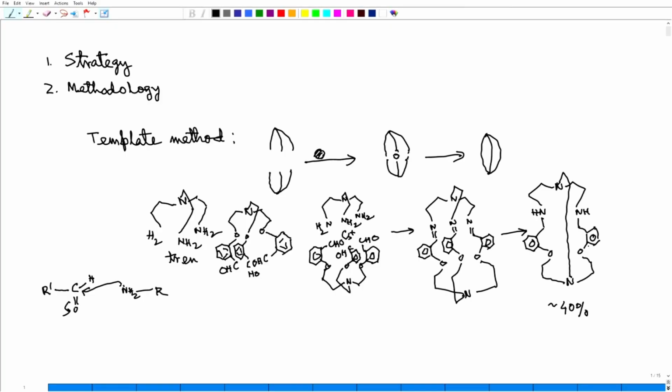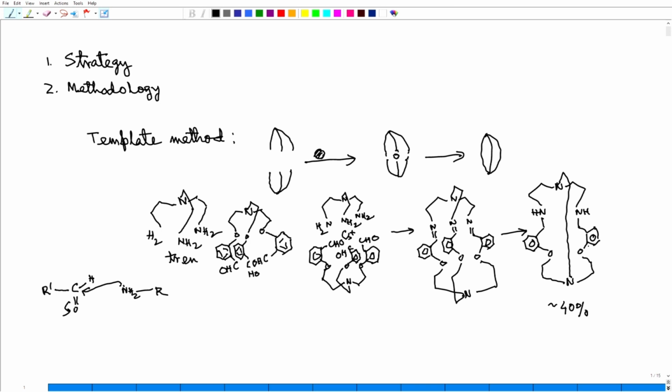So, with transition metal this does not work at all, but with alkali metal ion it works perfectly, and we get the cryptand in about 40% yield, that can be crystallized as bright colorless crystals like sugar cubes.